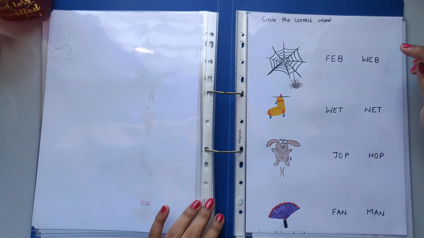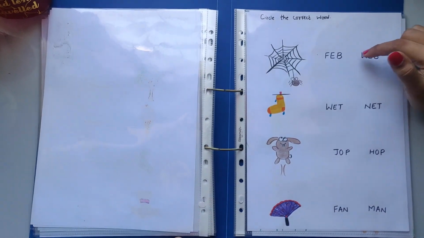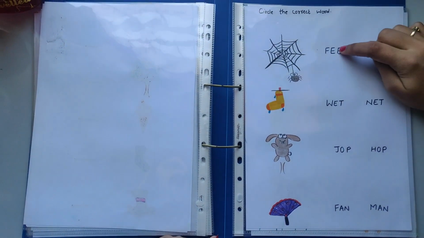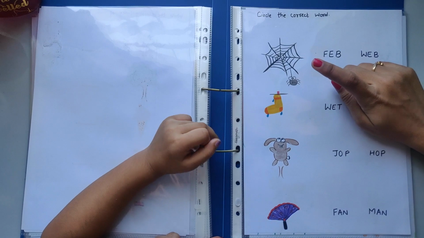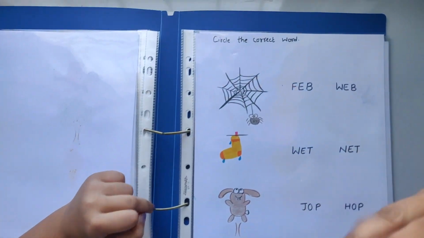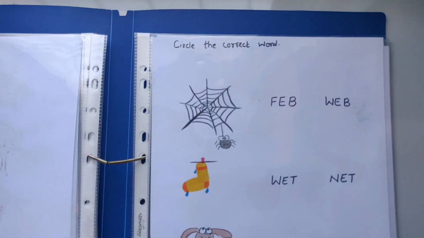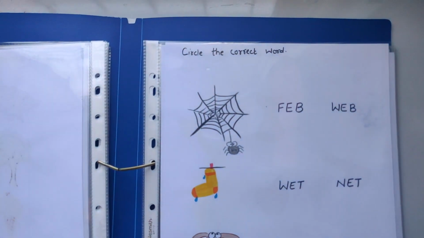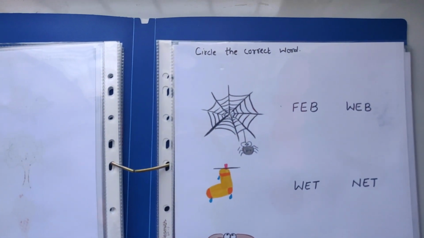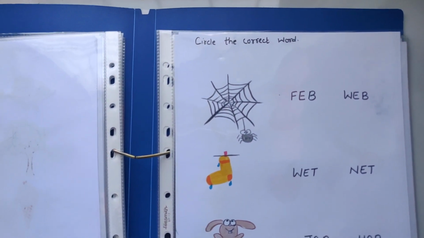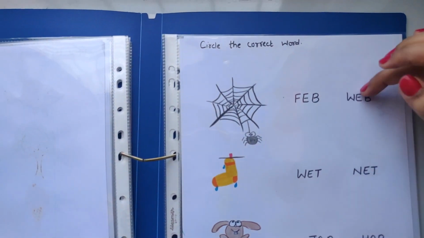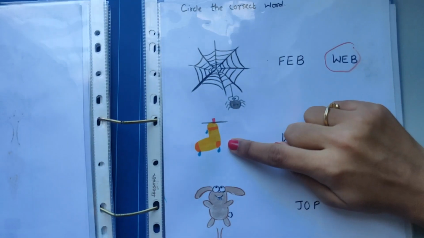Now in this, I've already written word here, okay? So, but one is correct and one is not correct. So, you have to tell what the picture is, and with the sound, you have to identify which one is the correct, okay? And then we have to circle. Now, what is this? Spider web. Web. Yes. So, which one is the correct word for web? Now, what is this? Sock.